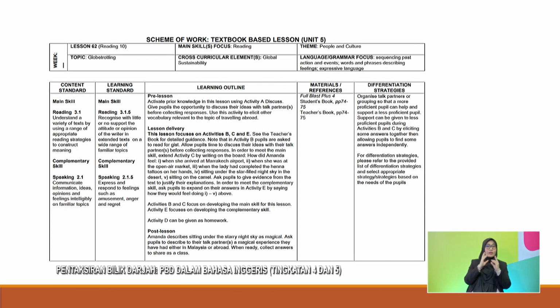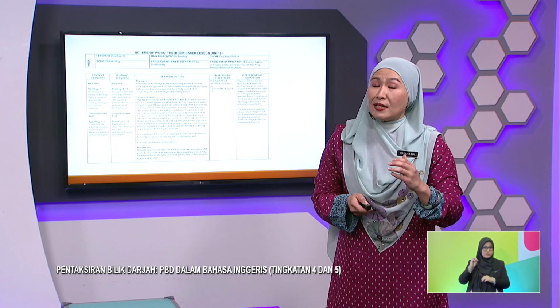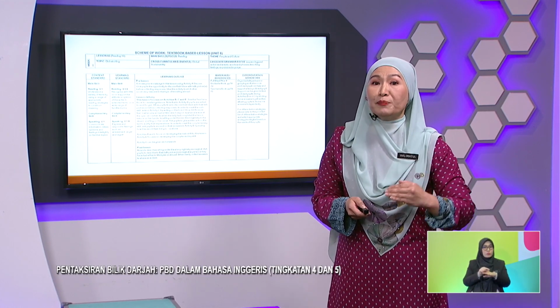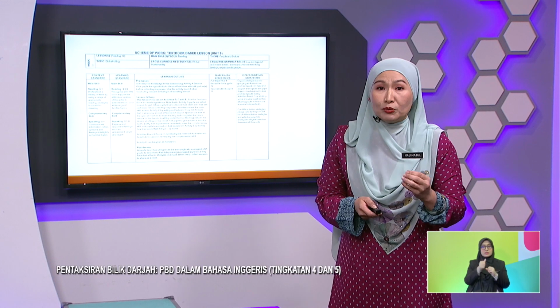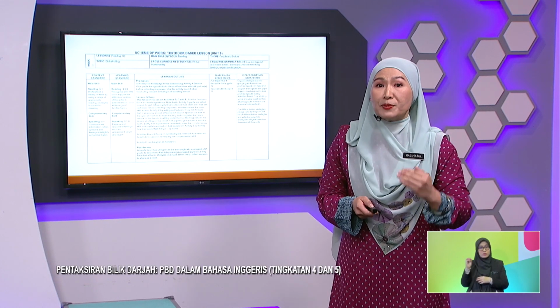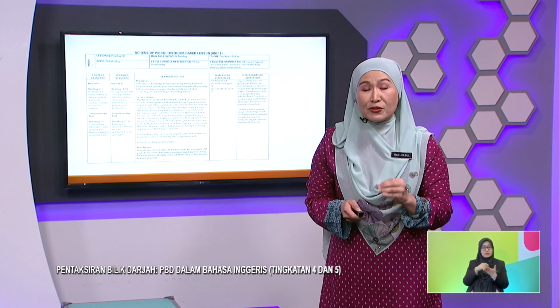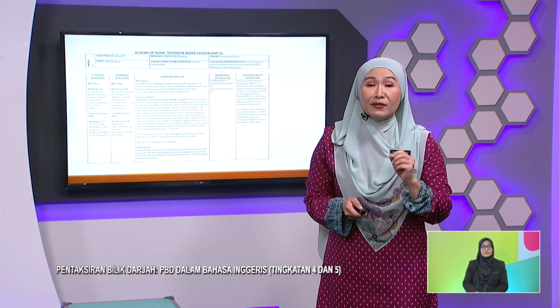So again, teachers, if you think there are more able pupils and you want to assess a few of them, to see if they are able to produce and improve their TP for their speaking, by all means, please do so. But for today, I'm only going to focus on the reading skills.